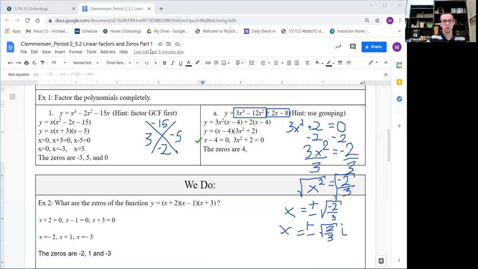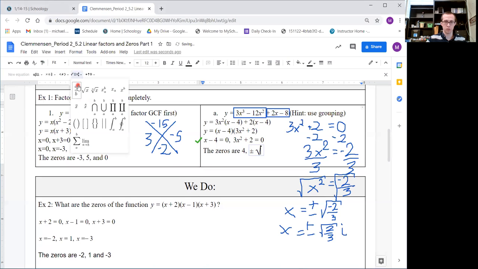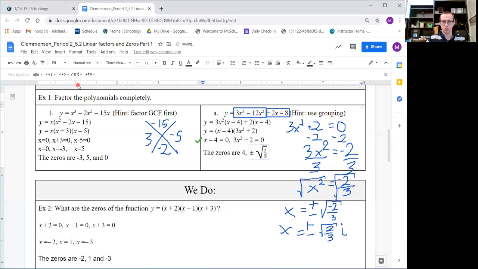So now our zeros right here will be 4 and plus or minus the square root of 2/3 i. So those would be my 3 zeros.